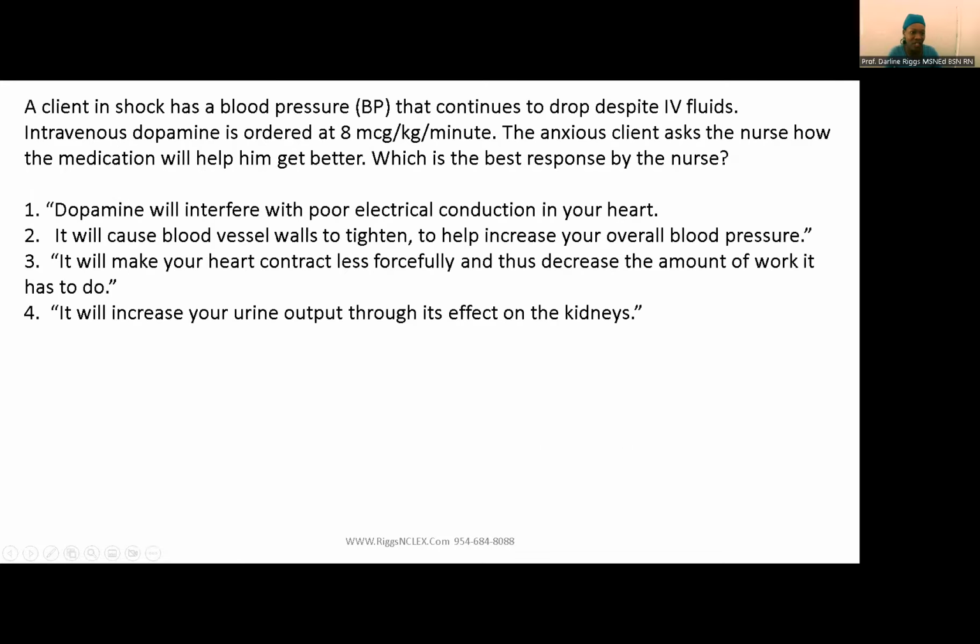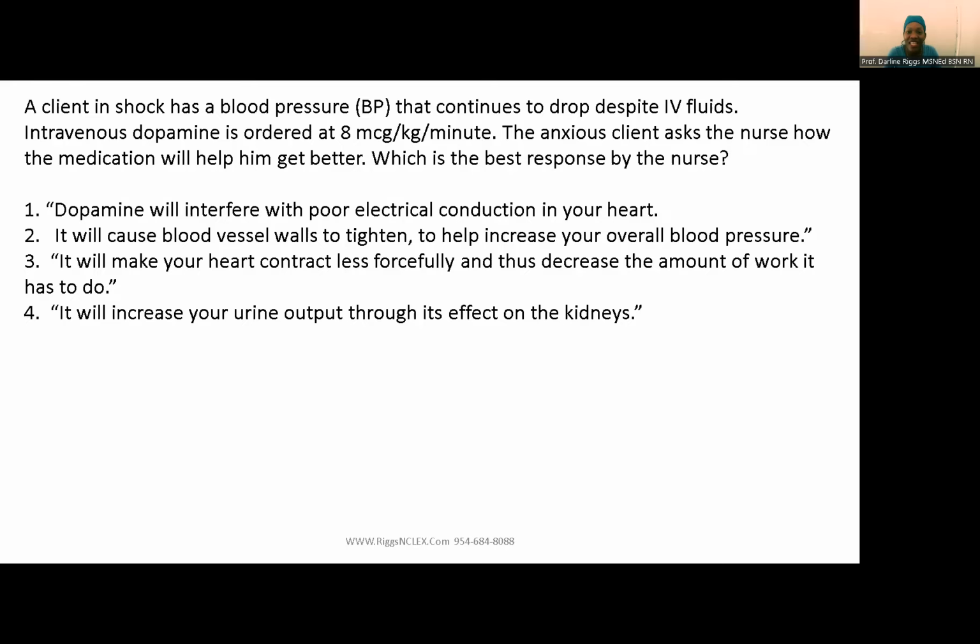Okay, great question. Let's try this one. A client in shock has a blood pressure that continues to drop despite IV fluid. Intravenous dopamine is ordered at 8 microgram per kilogram per minute.